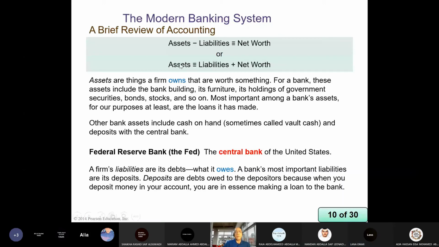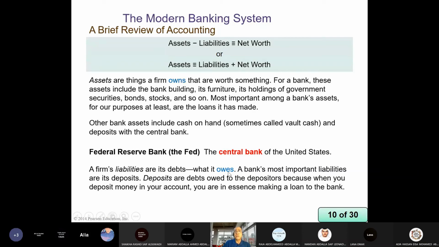The most important liability is called demand deposits. So when Salim deposits 100 dirham at First Abu Dhabi Bank, I lend the bank 100 dirham. So the bank owes me; the bank has to return it to me.